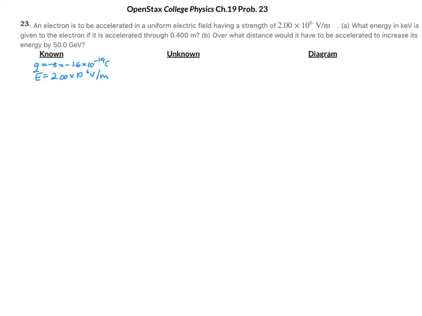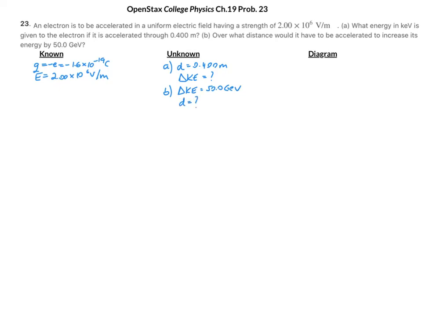And we know that in part A, it is accelerated through a distance d of 0.400 meters, and we're looking for the change in kinetic energy. And in part B, we know the change in kinetic energy is 50 giga-electron volts, and we're looking for the distance.